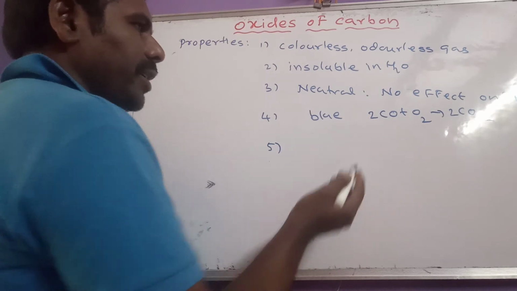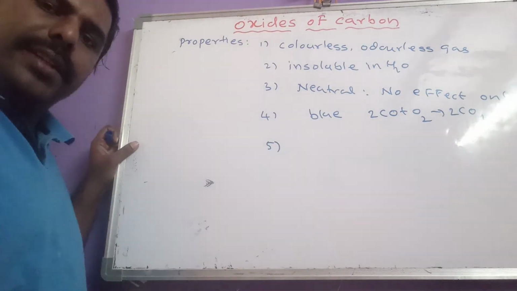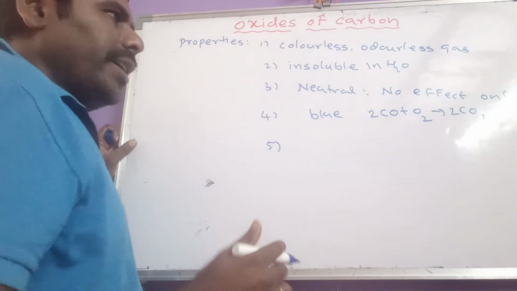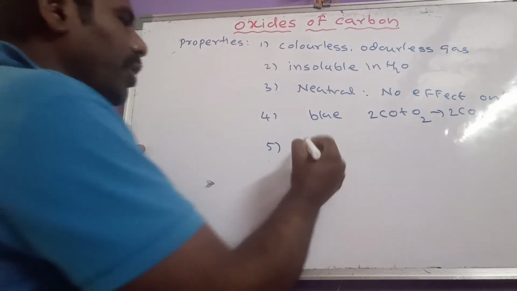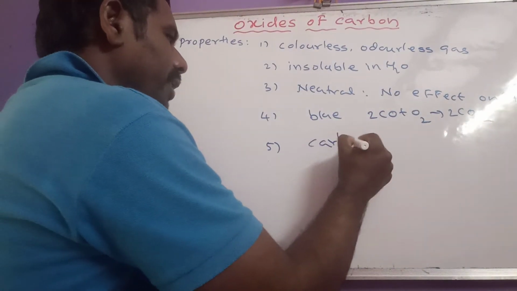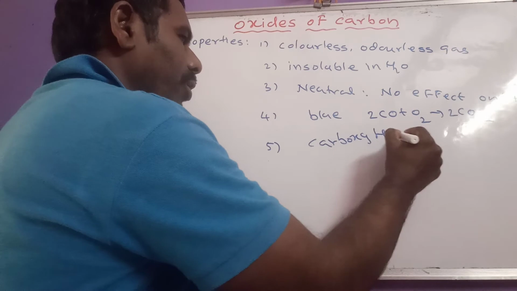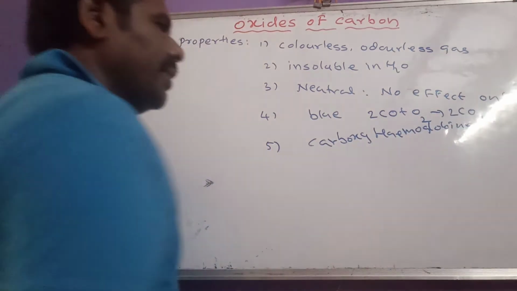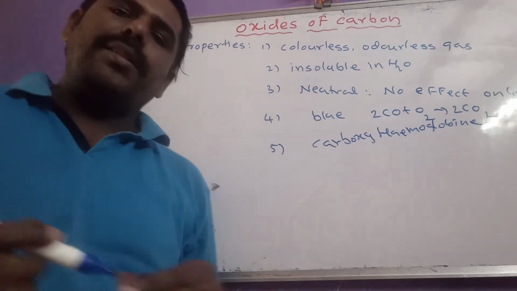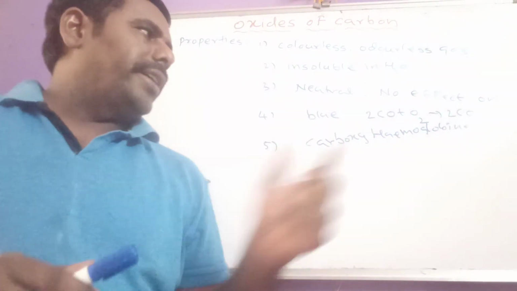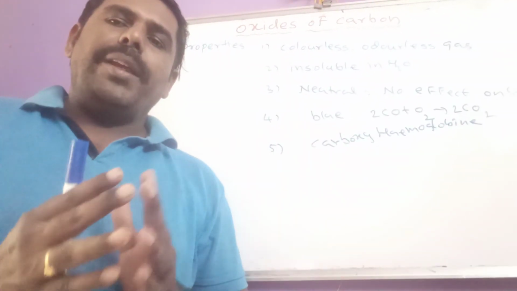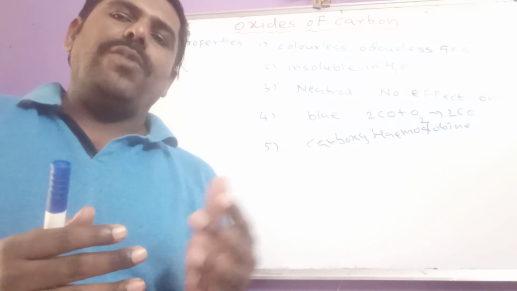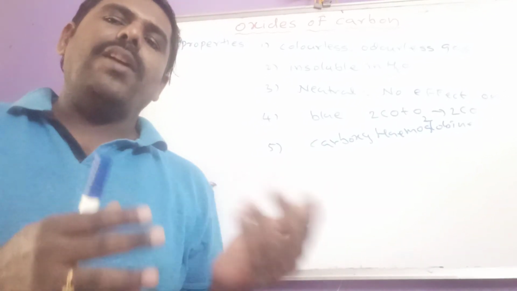CO is poisonous in nature because it combines with hemoglobin and produces carboxyhemoglobin. It is 300 times more stable than oxyhemoglobin, and that prevents RBC from carrying oxygen.